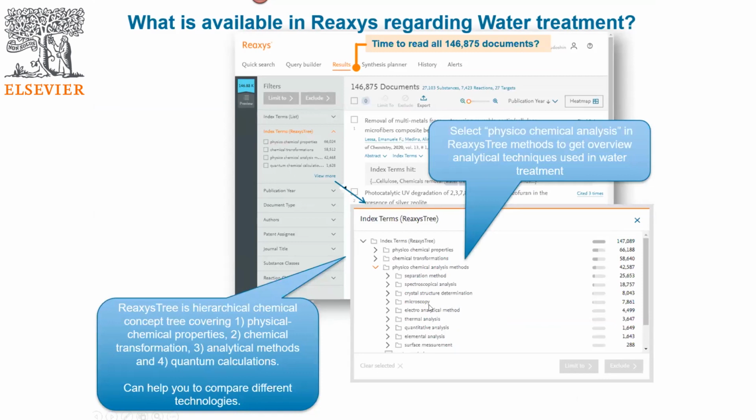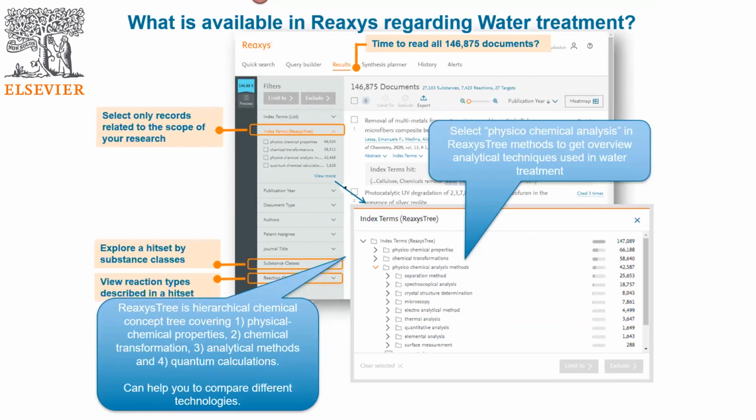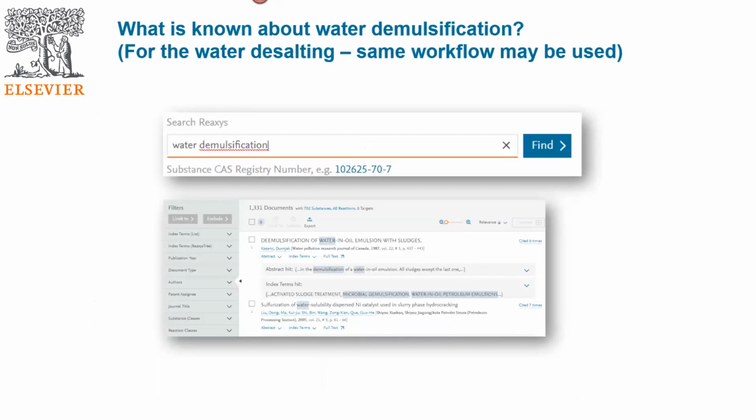Also, you can use the Reaxys tree to assess what is chemical reaction, what is the method of analysis, what are the physicochemical properties. Again, you can revise it by browsing the presentation downloaded from Research Academy.